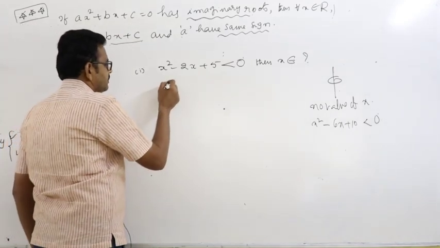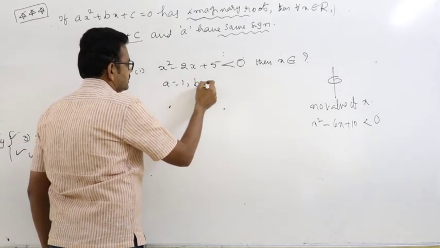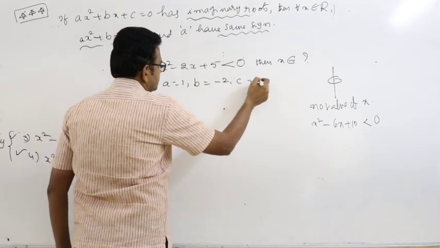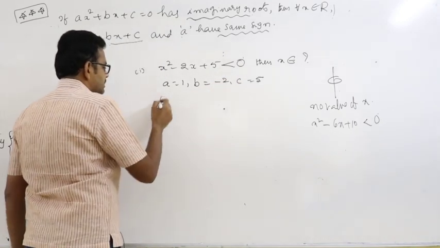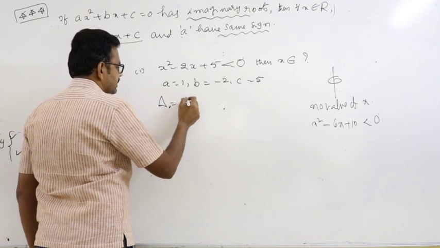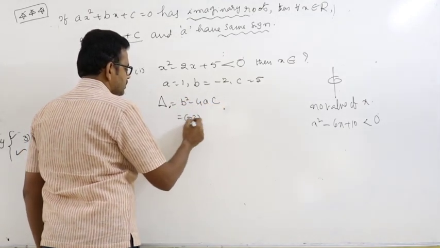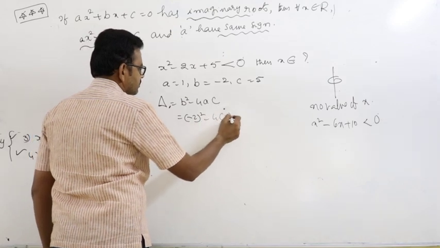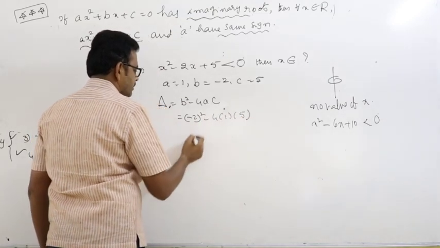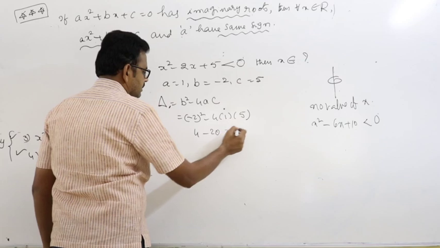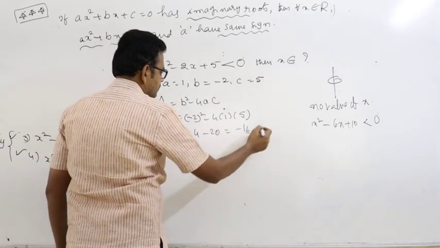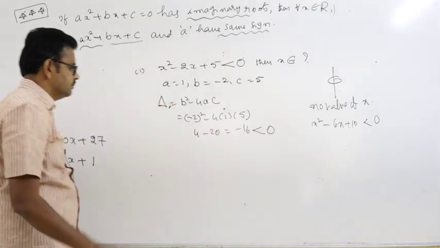So what is a equal to? 1. b is minus 2. c is 5. What is delta? b square minus 4ac, that is minus 2 whole square minus 4 into 1 into 5. 4 minus 20, that is minus 16, which is less than 0.